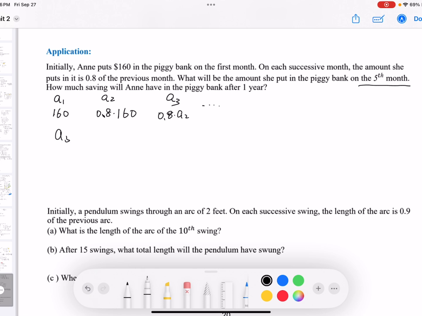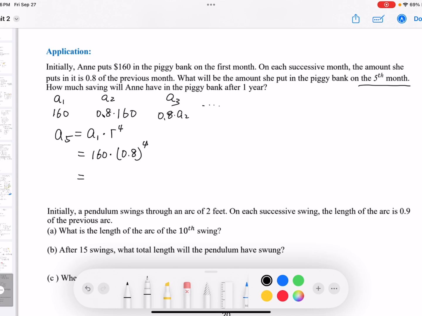based on the geometric sequence is equal to A sub 1 times R to the fourth power. So A sub 5 is equal to 160 multiplied by 0.8. So R is 0.8 to the fourth. We can use our calculator to do the computation.